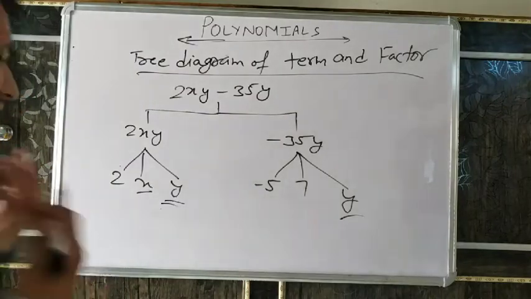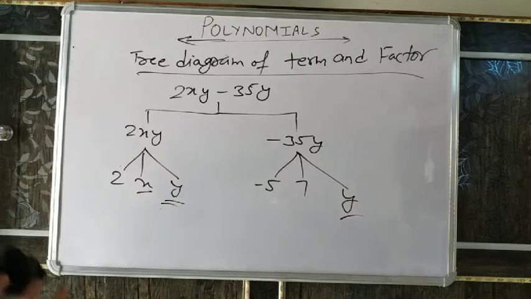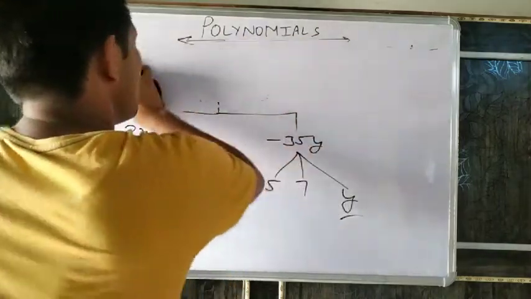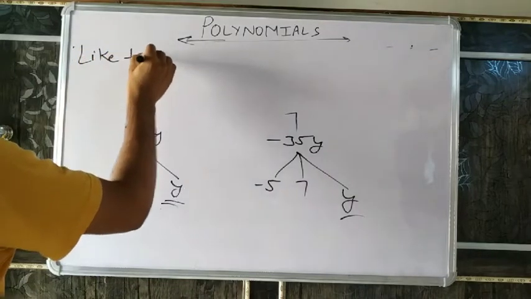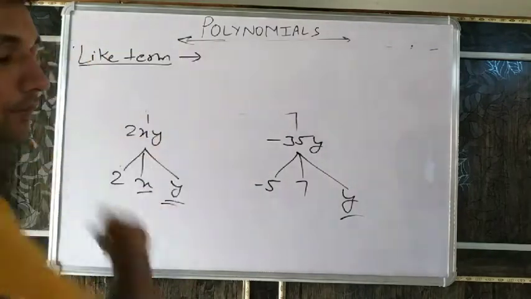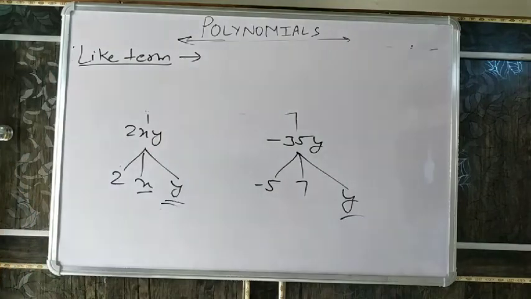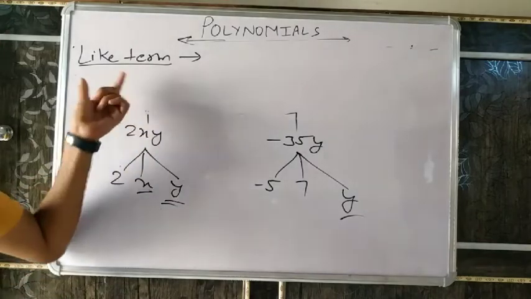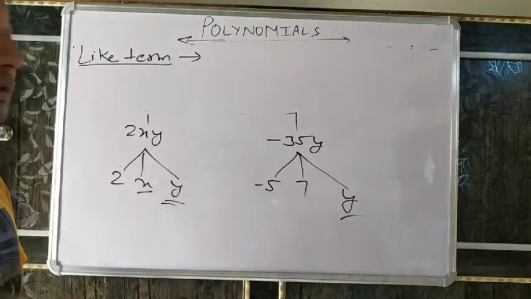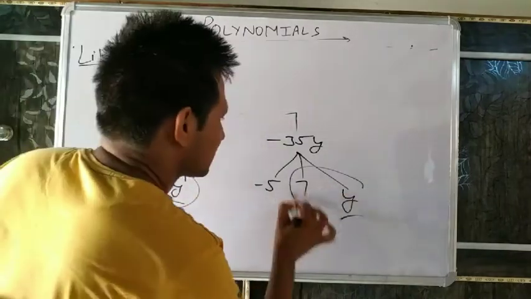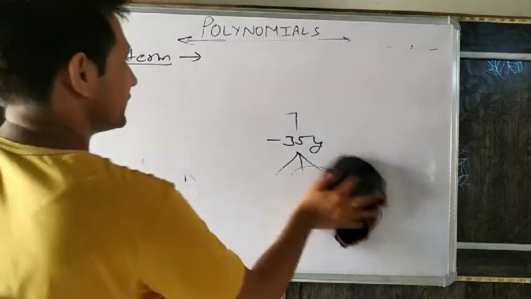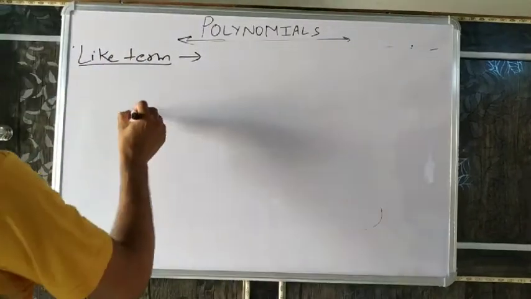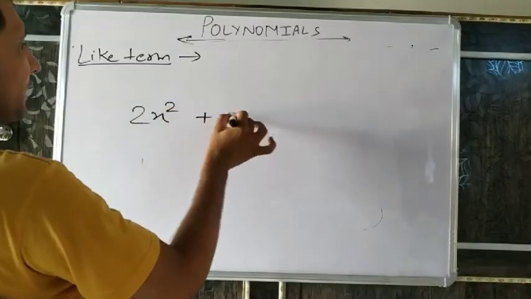And we know we can add only like terms. Now we will discuss what is like term and what is unlike term. Like term, I already told you many times: if base and power are the same, it is a like term. Otherwise, if algebraic factors are the same, we say they are like terms. Example: 2x square plus 5x square.